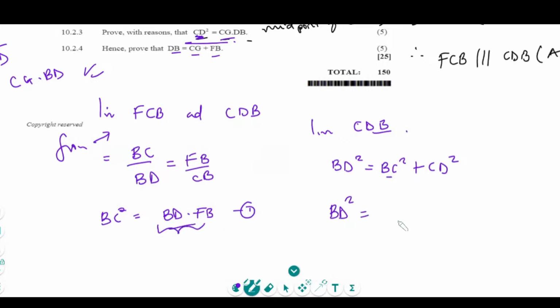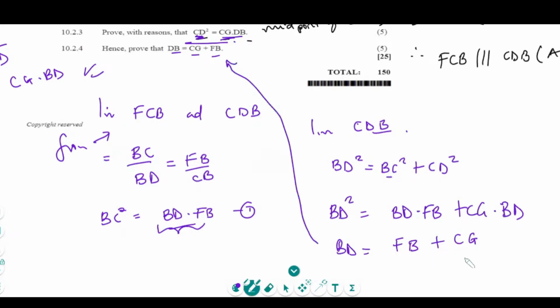From here we have BD times FB, and then our CD squared is CG times BD. Then I'll divide through by BD. So BD is going to be FB plus CG, or you can just rearrange it to the format they want.